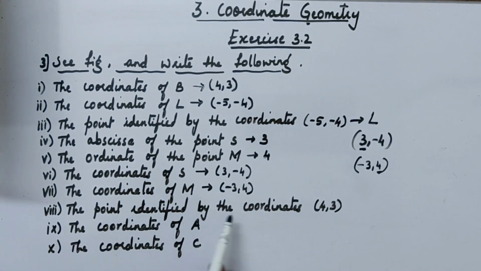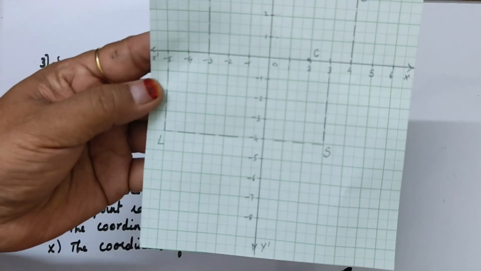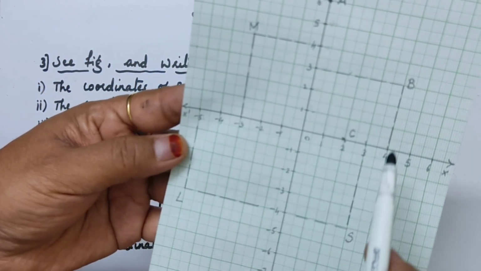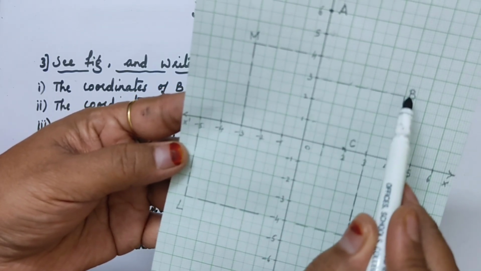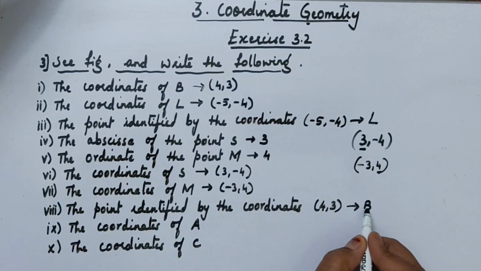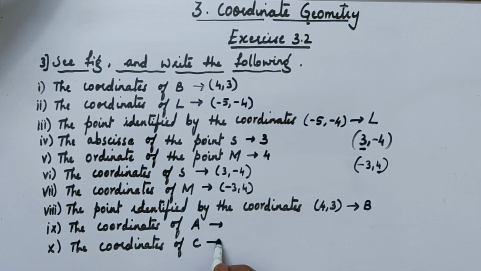The point identified by the coordinates 4, 3 is B, students. Okay, now next one.